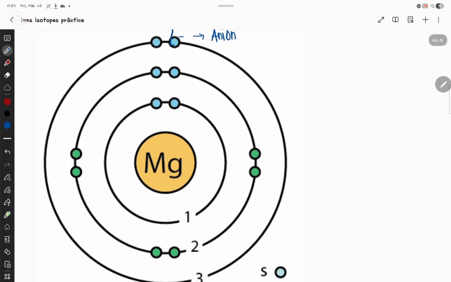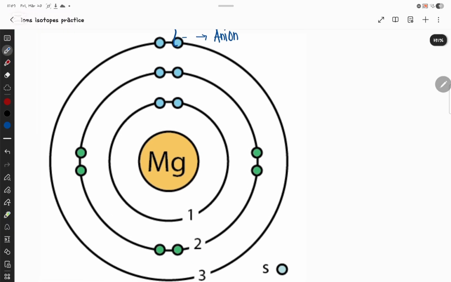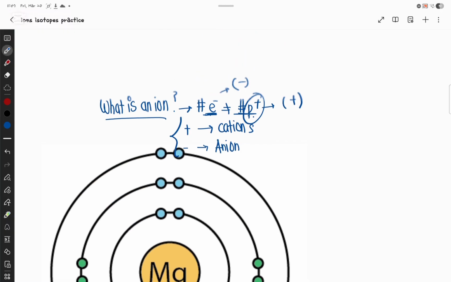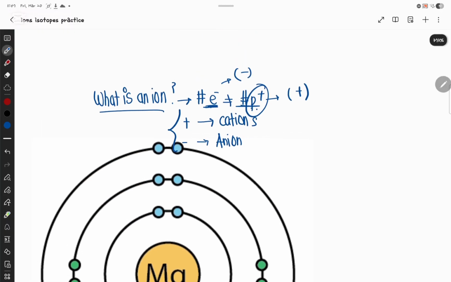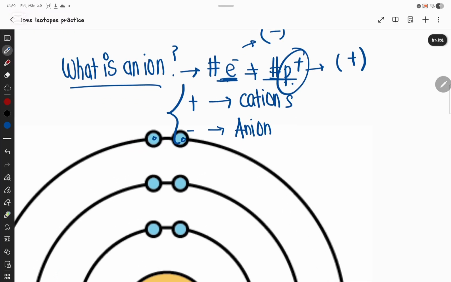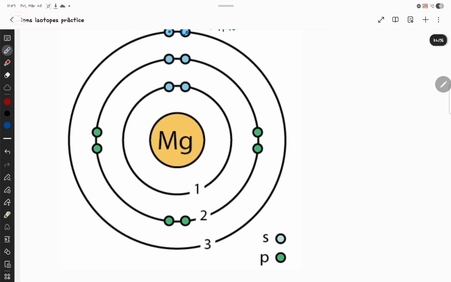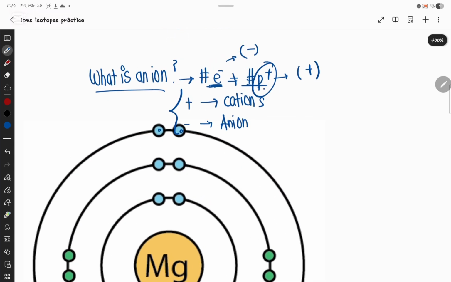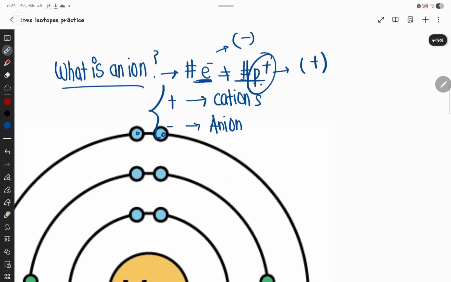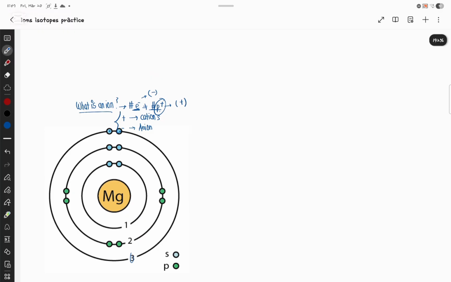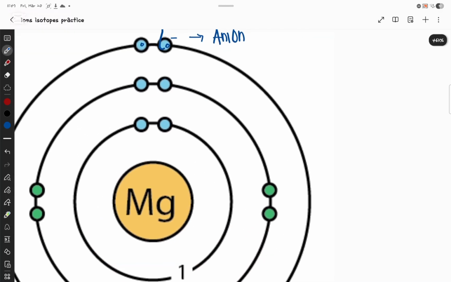A full shell means that it has 8 valence shell electrons. You can do that either by gaining electrons or losing valence shell electrons. You go along your valence shell and see how many electrons are on there. In this case, magnesium has 2 valence shell electrons.